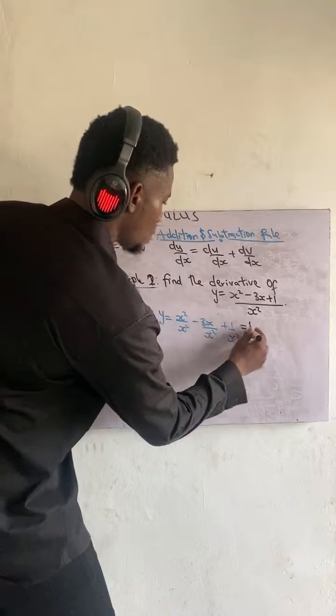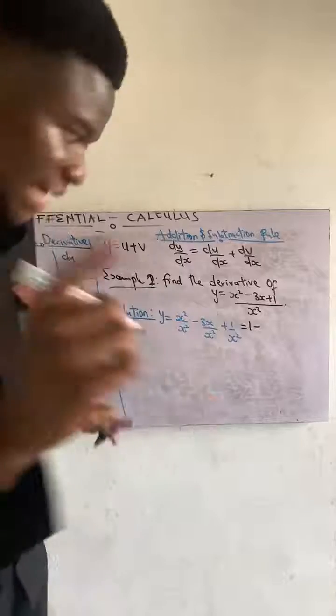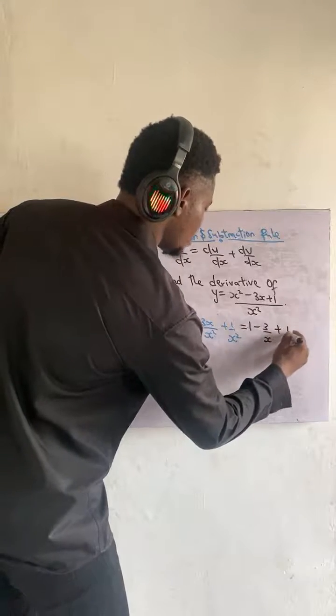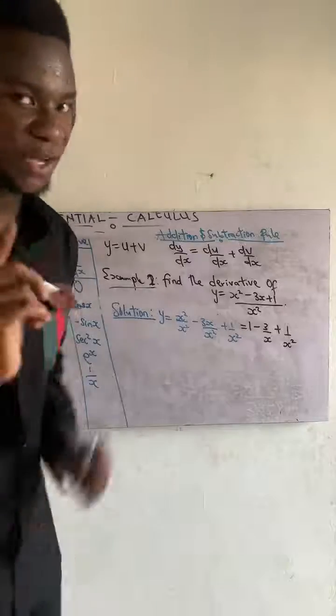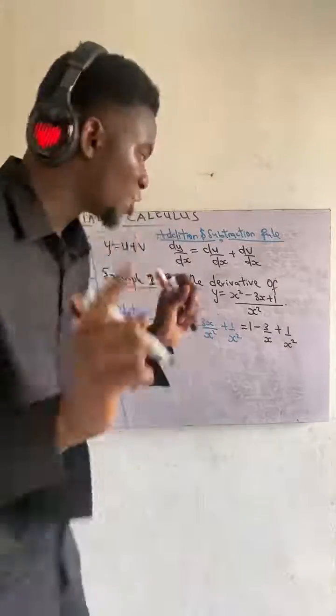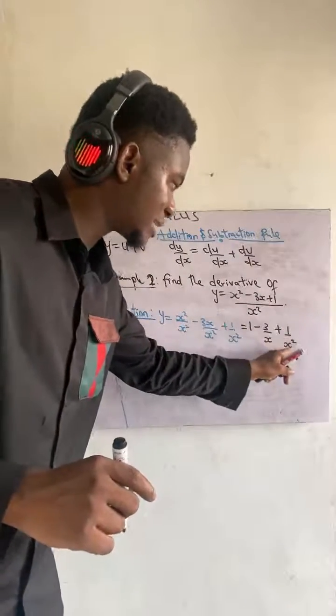So once you've done this, this one will cancel out. That will remain 1 minus, if you remove x from x squared, it remains x, 3 over x plus 1 over x squared. That's it, guys. Once you've done this, there is one thing you are going to do before you differentiate. You will bring this x up, bring this x squared up.